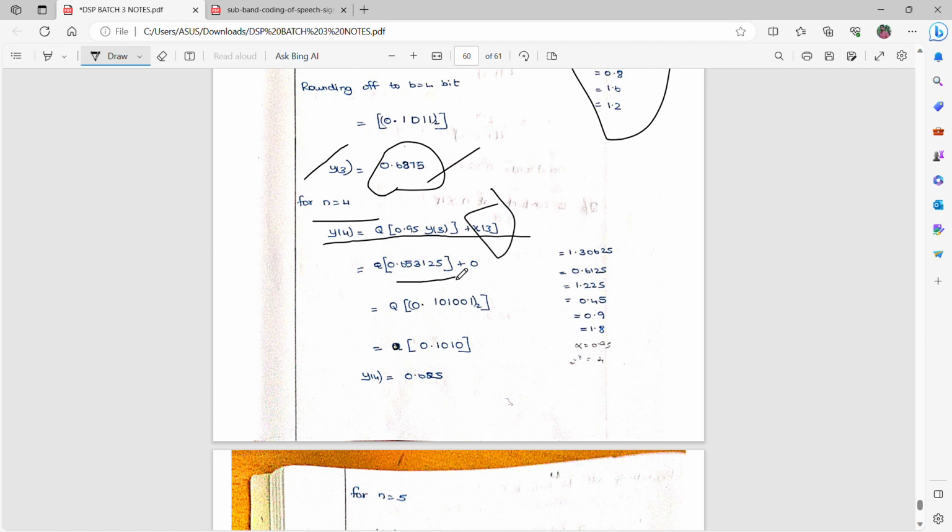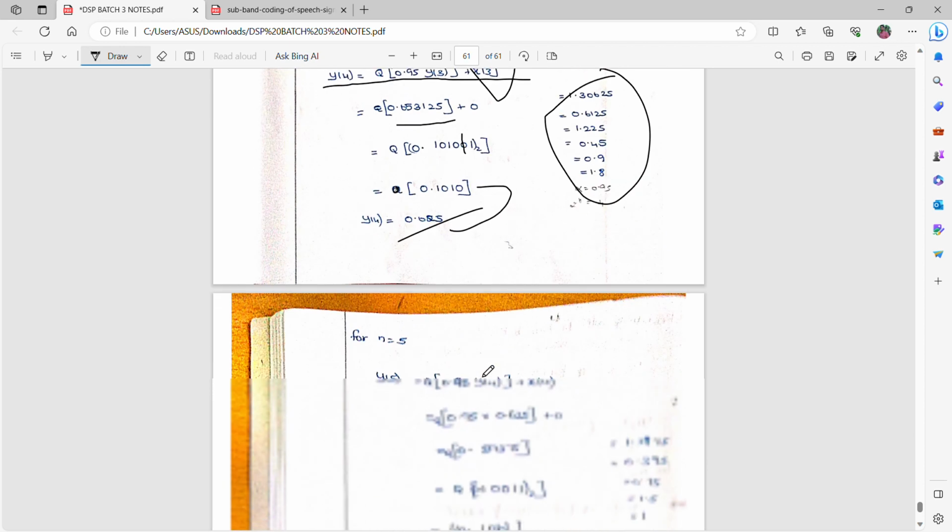The decimal value is converted into binary, and the binary value obtained is 101001. Let us consider only the first 4 values, that is 1010. This binary is then converted into decimal, using 2 power minus 1, 2 power minus 2, 2 power minus 6, and the value obtained here is 0.0625.